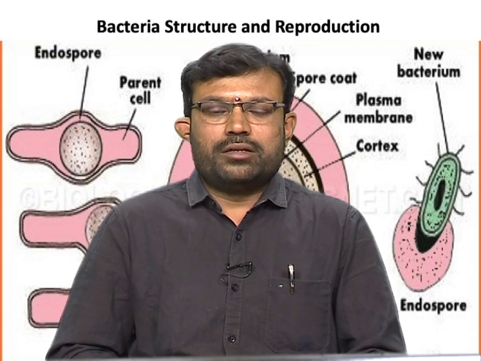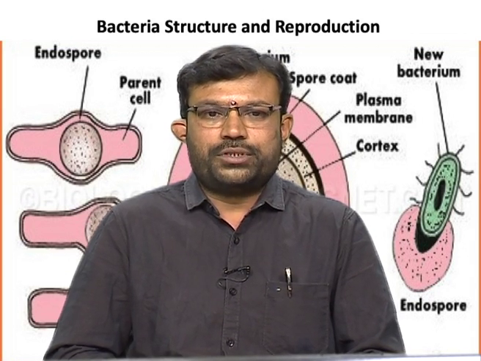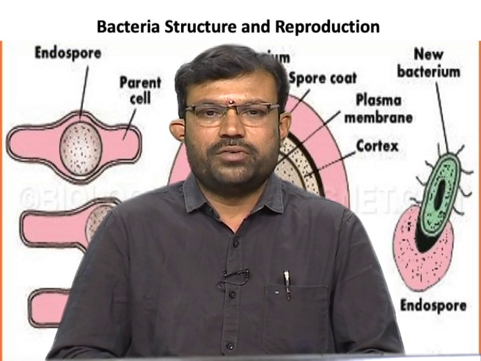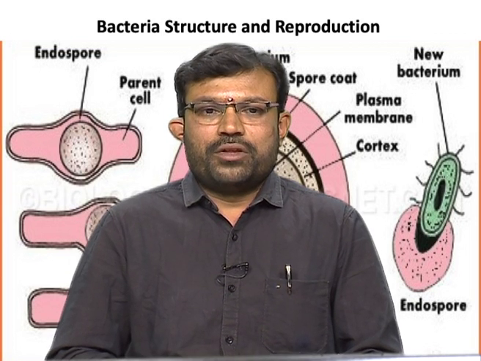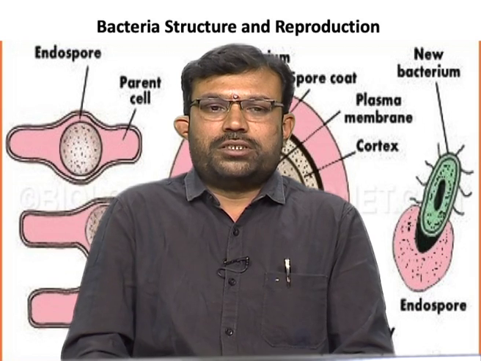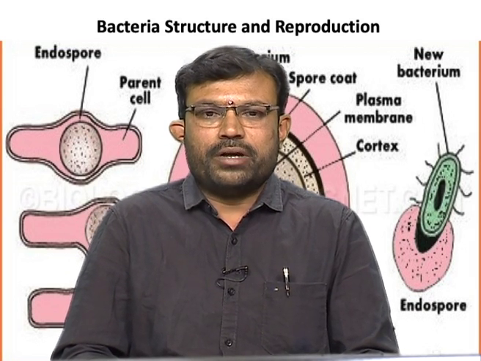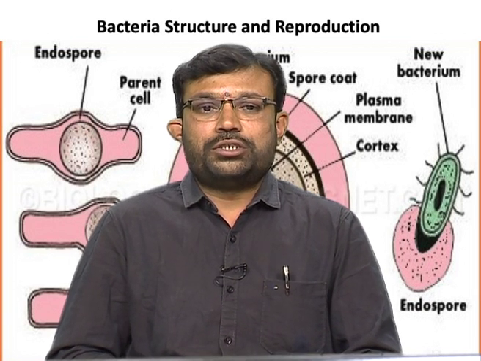So based on the position of the cell wall and the type of cell wall present in the cells, these bacteria are classified into different shapes. And one more type of bacteria is called pleomorphic bacteria. Pleomorphic bacteria are irregular in shape.